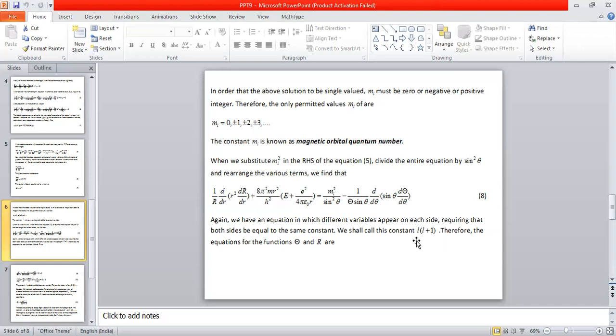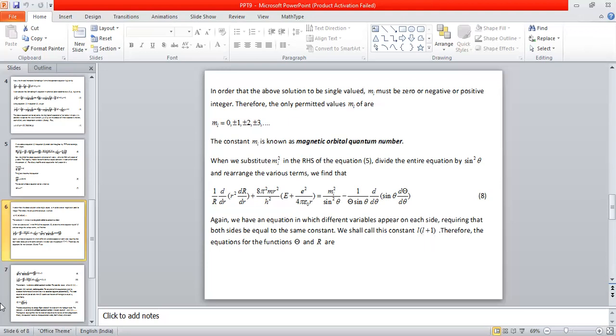We are not writing it as a single term, because l is one more quantum number associated with the hydrogen atom, and that's why we are not writing it simply as l, it is actually l into l plus 1. So we are equating equation 8 to this constant, l into l plus 1.